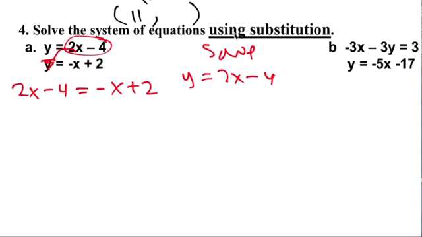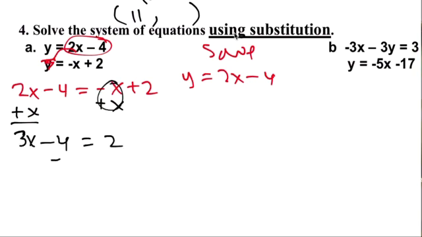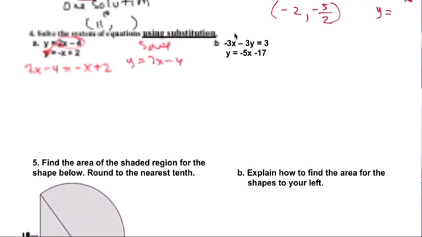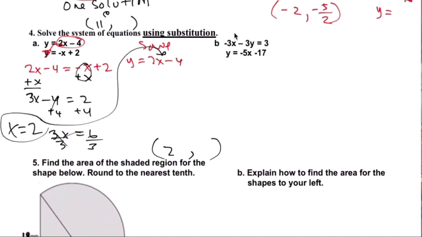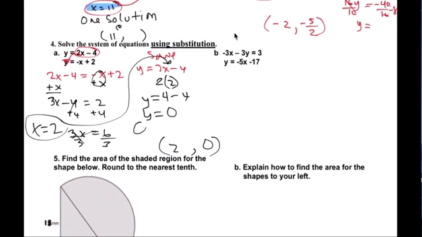Okay, and then you add x, 3x minus 4 equals 2, add 4, 3x equals 6, divide by 3, x is 2, so this is one solution, x equals 2. 2's here, we need to find y, take that answer, put it into x, 2 times 2, which is 4 minus 4, y is 0, right there, so one solution at 2, 0.